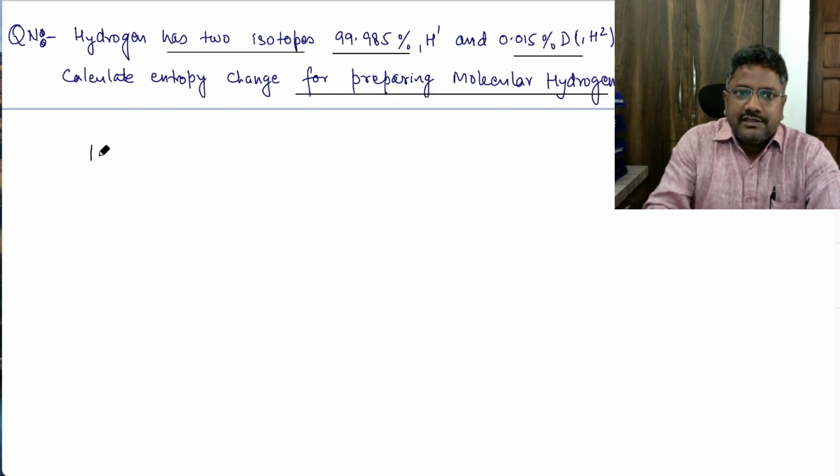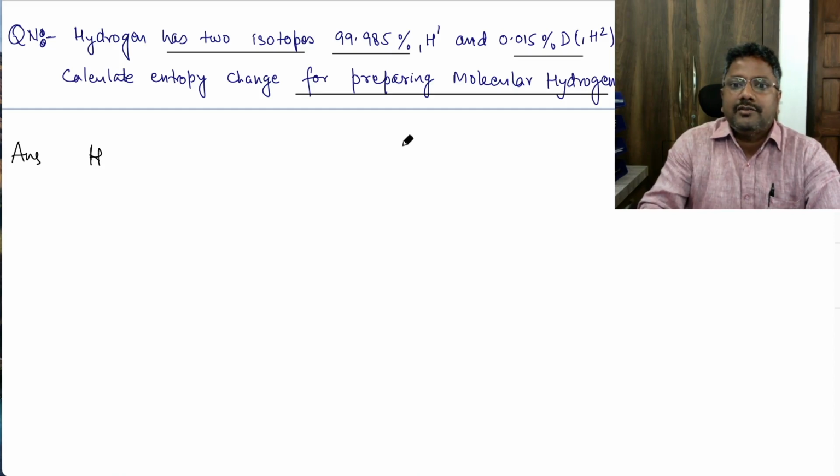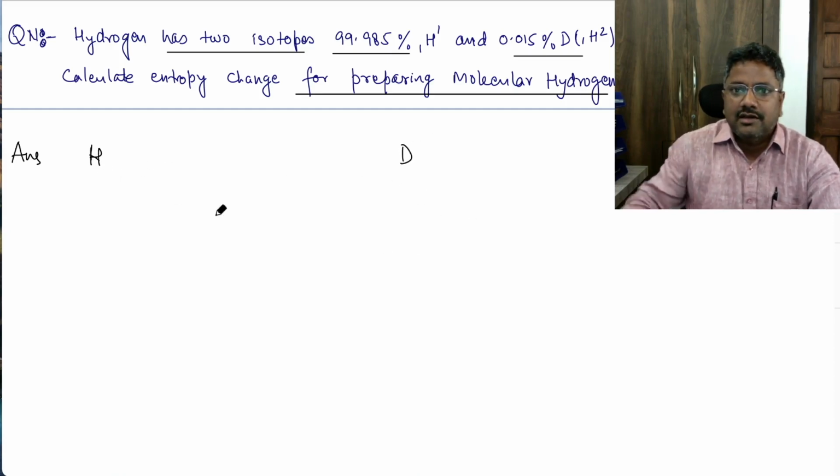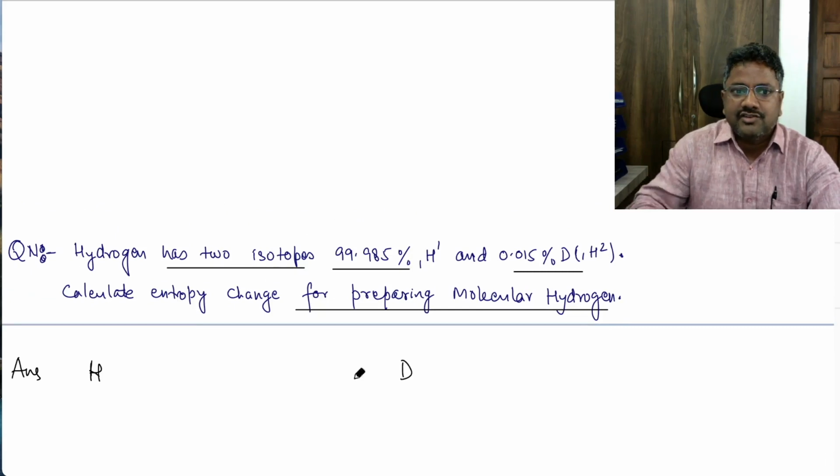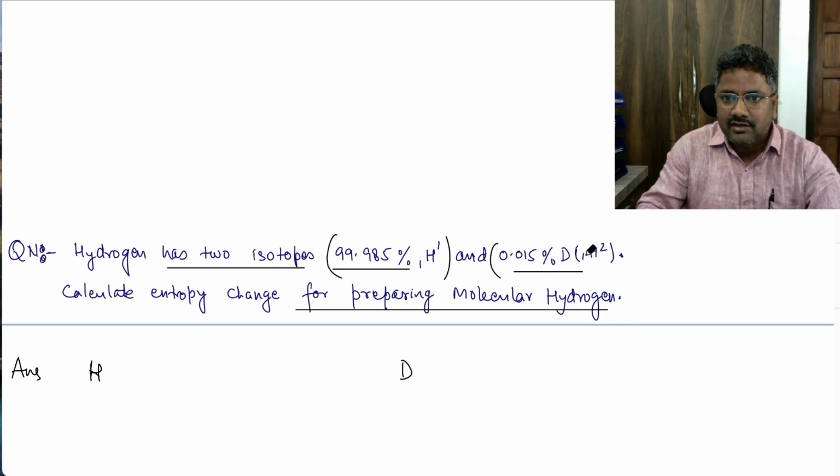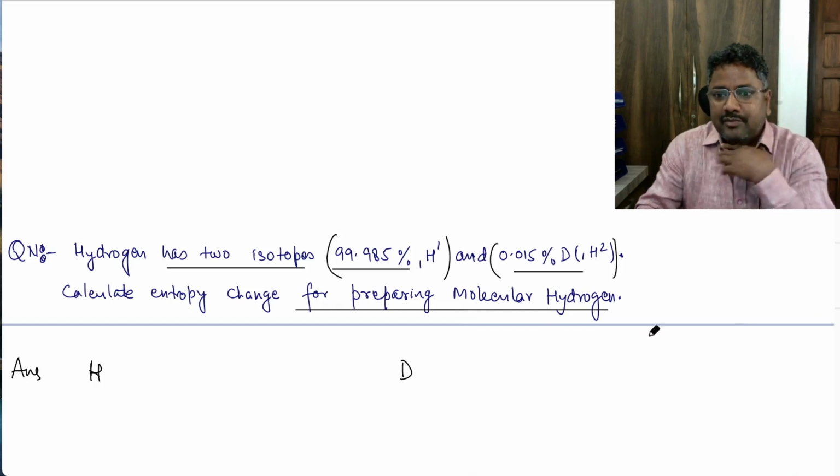So H and D, if you take, what are the different combinations for the formation of molecules? See the question. Hydrogen has two isotopes. One H1 is this percent and one HD is this percent. Calculate the entropy change for preparing the molecular hydrogen, right?